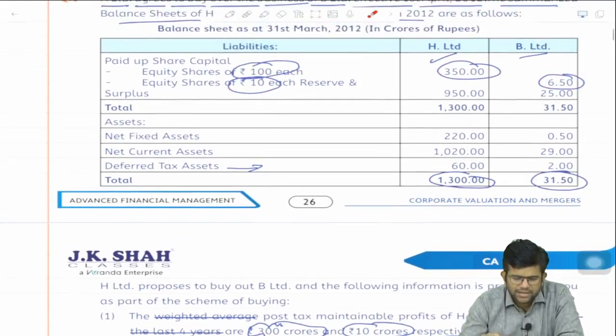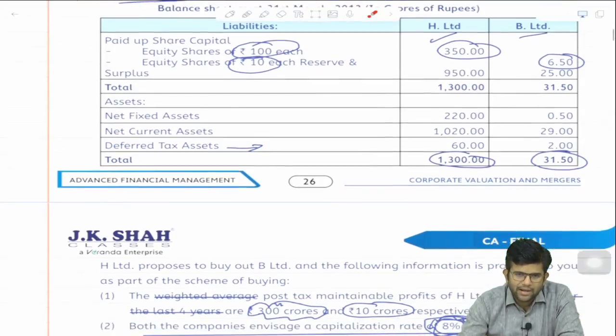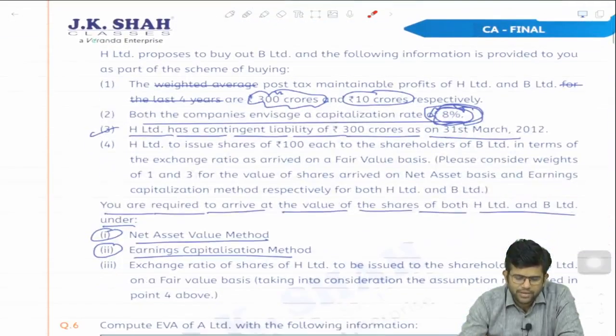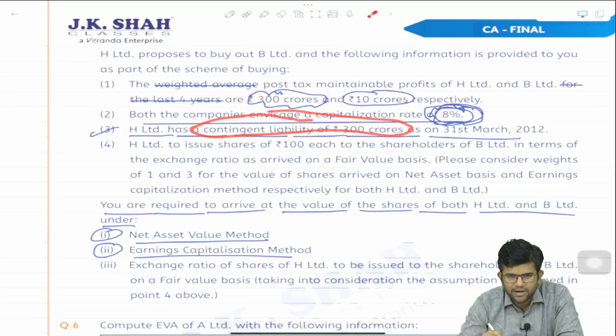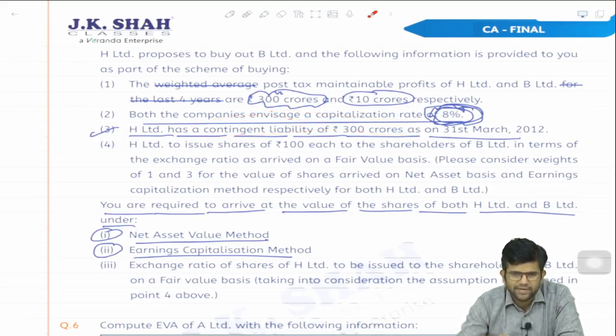In the balance sheet there are no liabilities seen, so only the assets will be taken as the net assets. Everyone clear? But for company H, there is a contingent liability of 300 crore of balance sheet liability, so that liability has been considered. Everybody clear? Check your NAV calculations of both, please. Tell me if you have any doubts. We had done that last time.